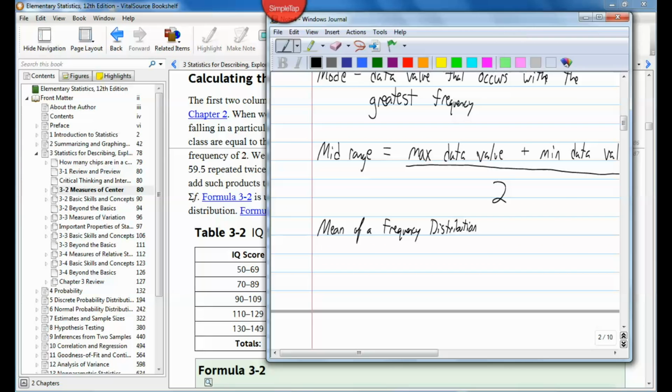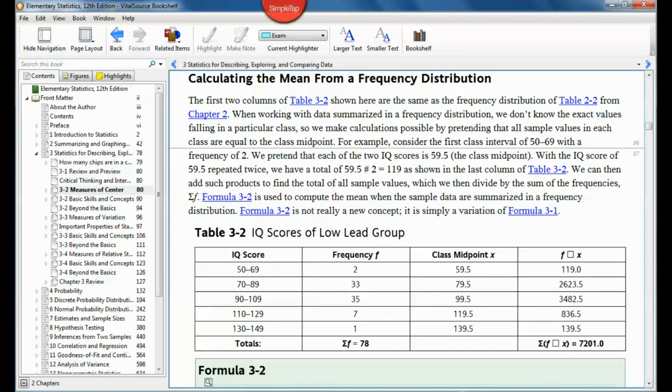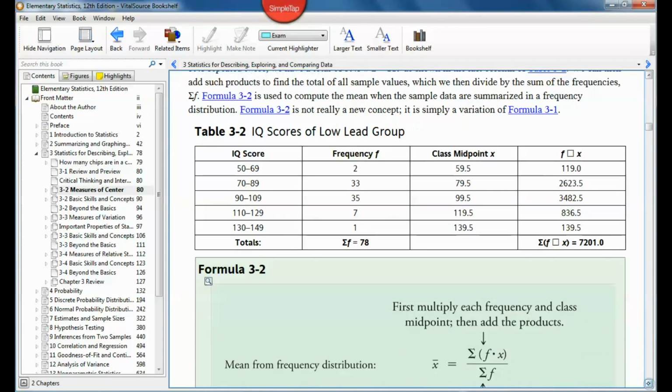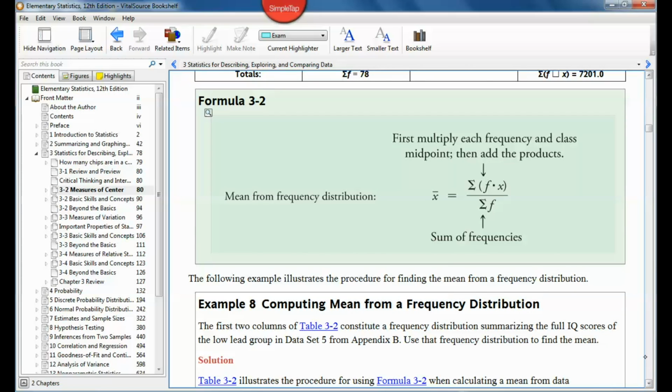The formula is the summation of frequency times class midpoint, then divide by the sum of all the frequencies.